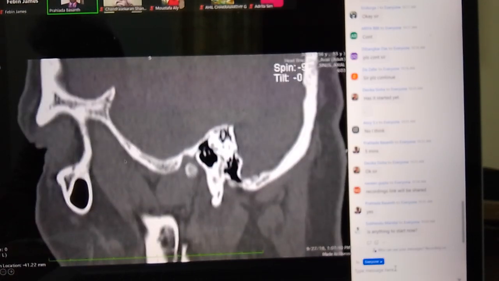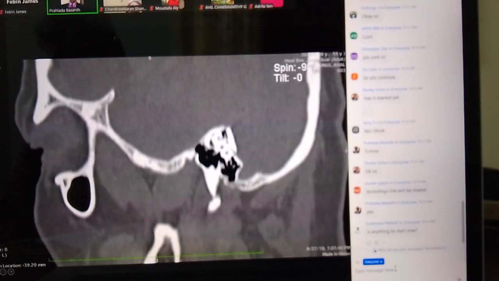Going further medially, we have the anterior cranial fossa, middle cranial fossa, greater wing of the sphenoid, orbital plate of the frontal bone. This is the zygomatic bone, the maxillary sinus has started appearing, and the temporal bone here, the mandible has started disappearing. Remember these structures, and this is the infratemporal fossa.